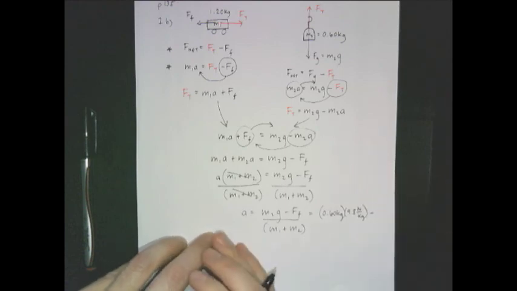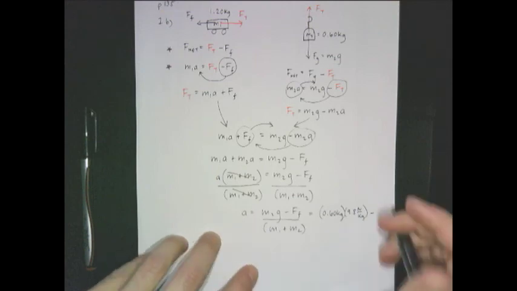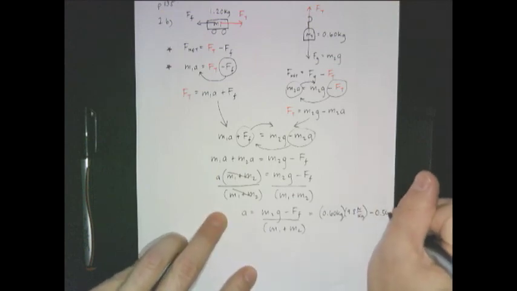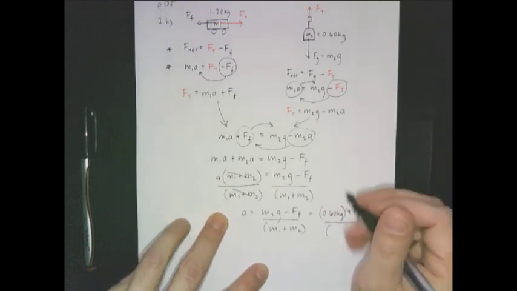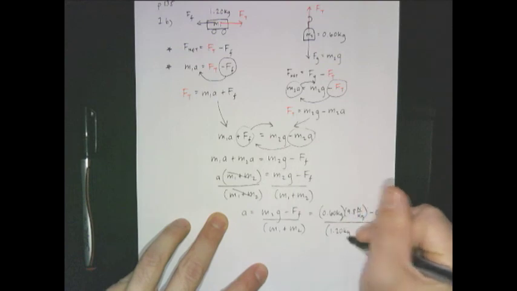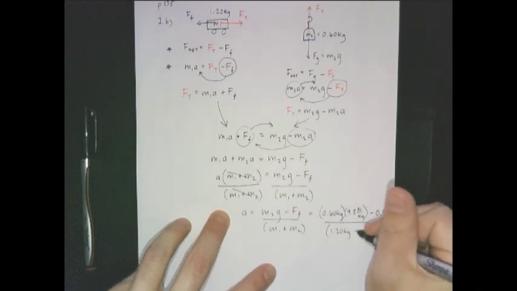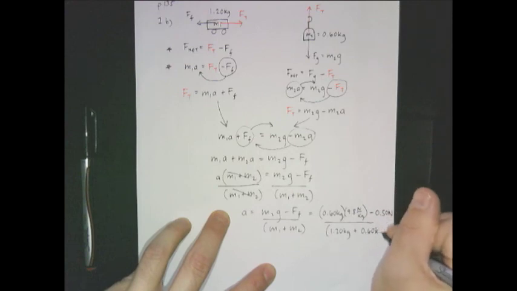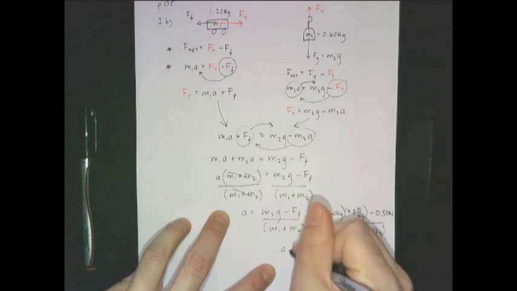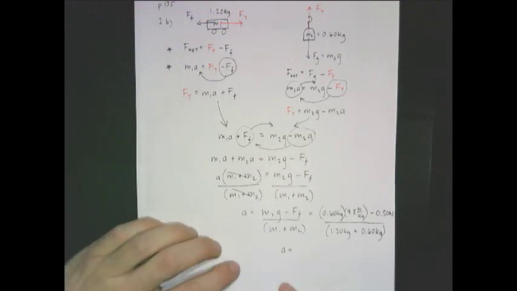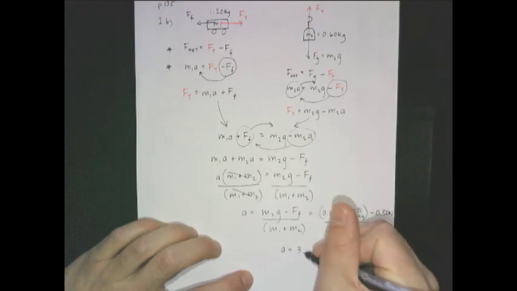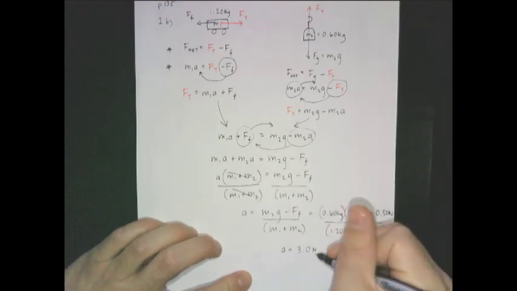The friction from the textbook is 0.50 newtons divided by mass 1 is 1.20 kilograms plus 0.60 kilograms. If you punch this into your calculator, you should get 3.0 newtons per kilogram.